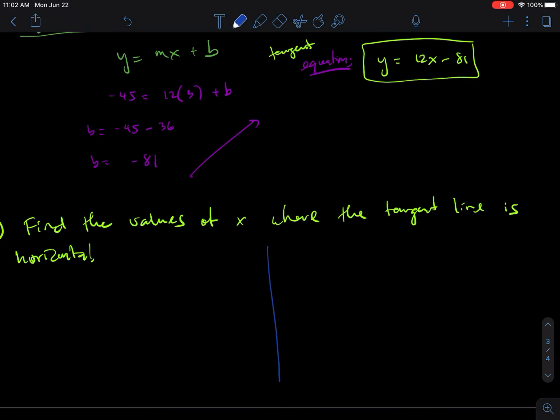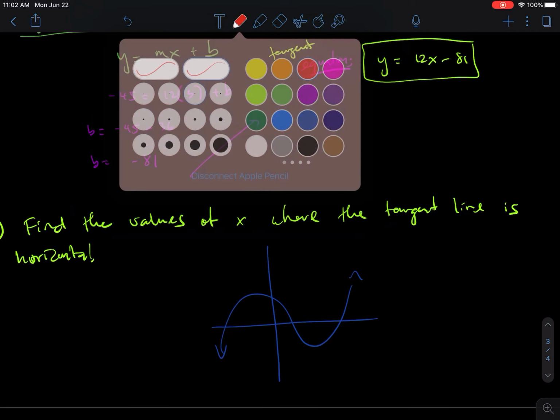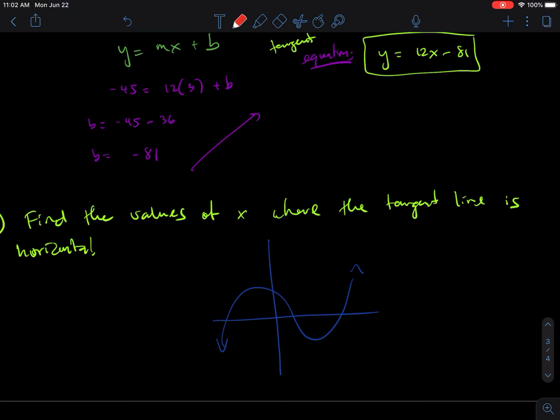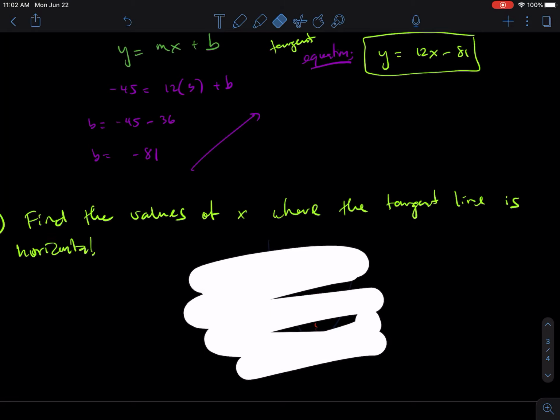Going back to what I said earlier, let's say our graph looked like this. If we were to draw tangent lines to the graph so that they're horizontal, those horizontal lines look like this. There are two horizontal lines, and we have to find at what x value that occurs. So that's what we have to find in this problem. Again, the graph may not look like that.